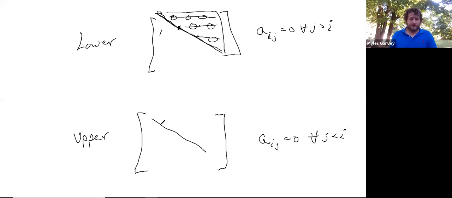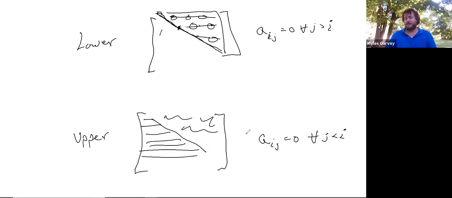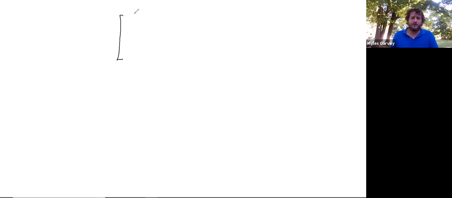That's these quantities here, which will be set equal to 0. And these will have the non-zero entries. So let's look at an example of a lower triangular. Here we would have, let's say, something like 4, 0.